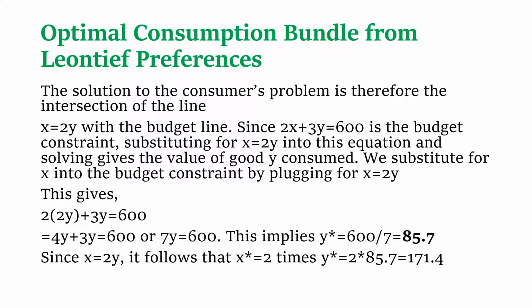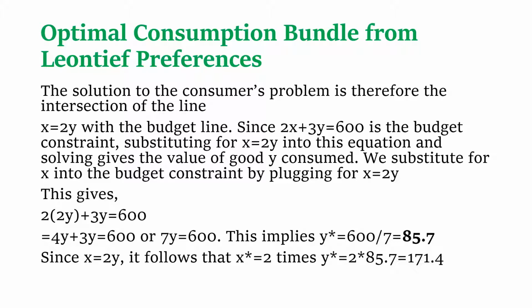So the solution to the consumer's problem is the intersection of the line, x equals to 2y, with the budget line. The intersection of the 45-degree line with the budget line.